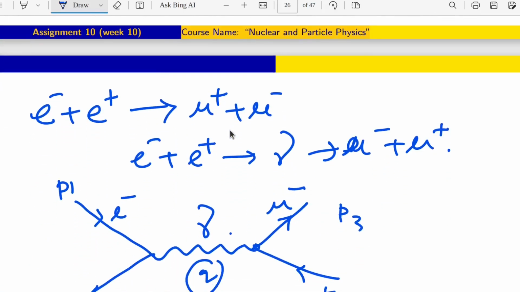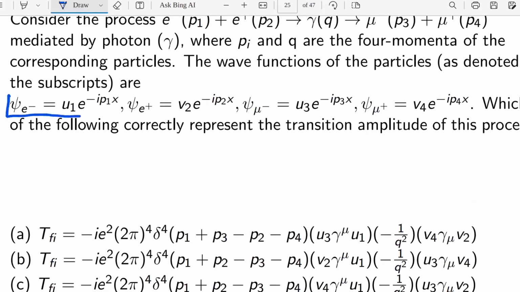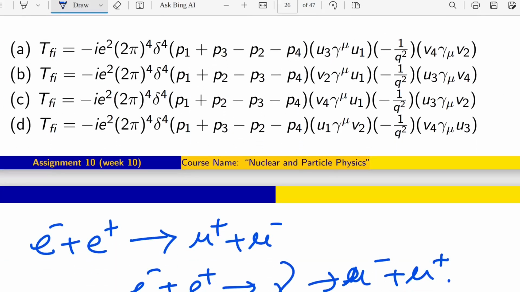And one more thing is there: the u1, v2 expressions. So what are these expressions?